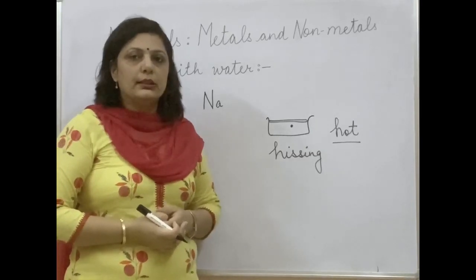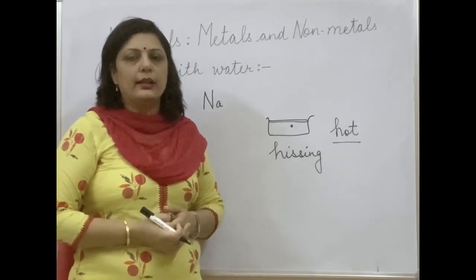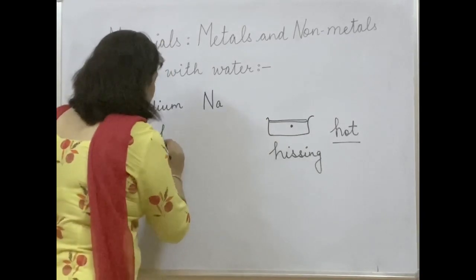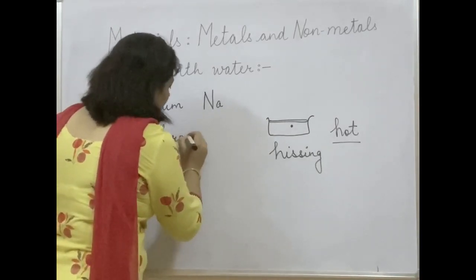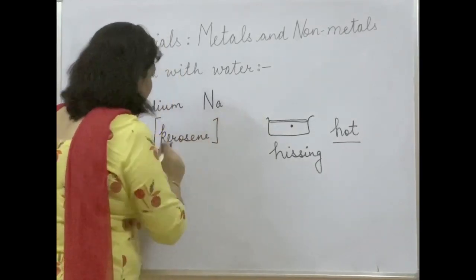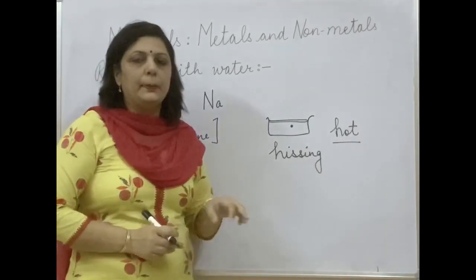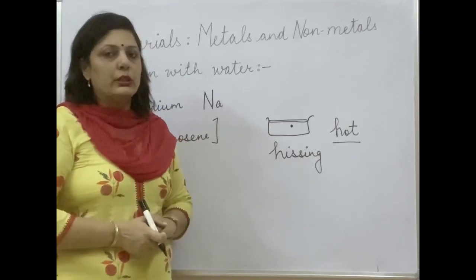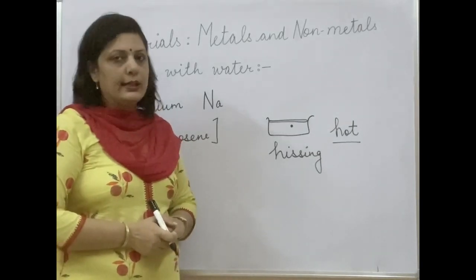And sodium is considered a highly reactive metal, and this is the reason we store sodium in kerosene. It is never stored in water, because it reacts very vigorously with water, and we store it in kerosene for our safety.